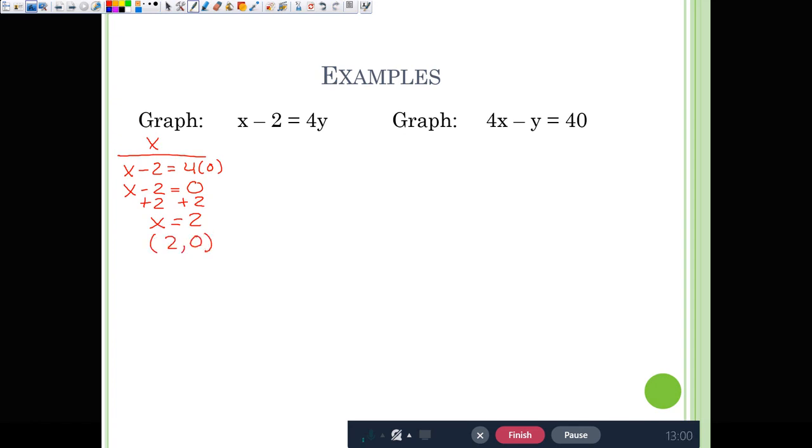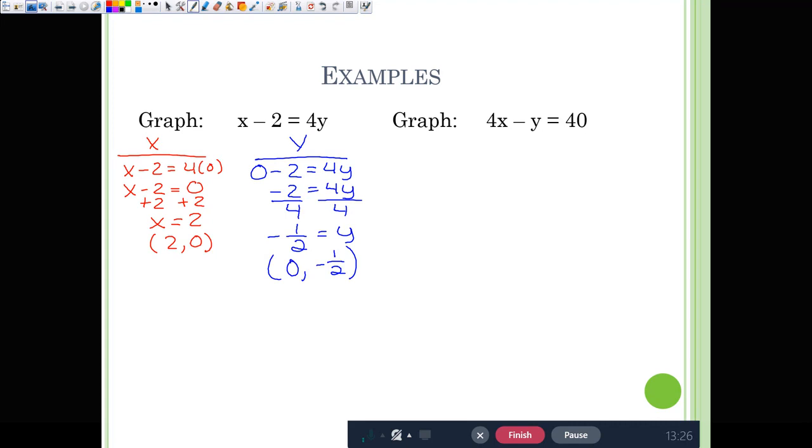Then I'm going to find my y-intercept. So I'm going to substitute 0 in for x. So 0 minus 2 equals 4y. Negative 2 equals 4y. Divide by 4. Negative 2 over 4 is the same as negative 1/2. So this ordered pair would be 0, negative 1/2.